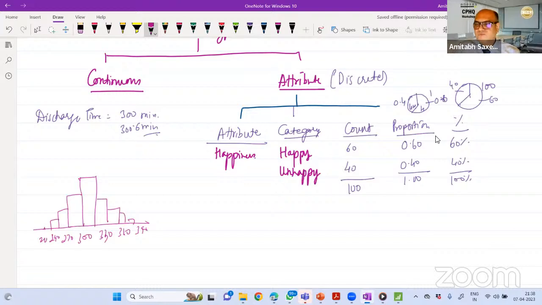So very few patients go lower than that. This is the way I am operating today. So most of the patients, 99% of the patients, are approximately being discharged between 210 to 390 minutes. And this graph can be easily obtained.